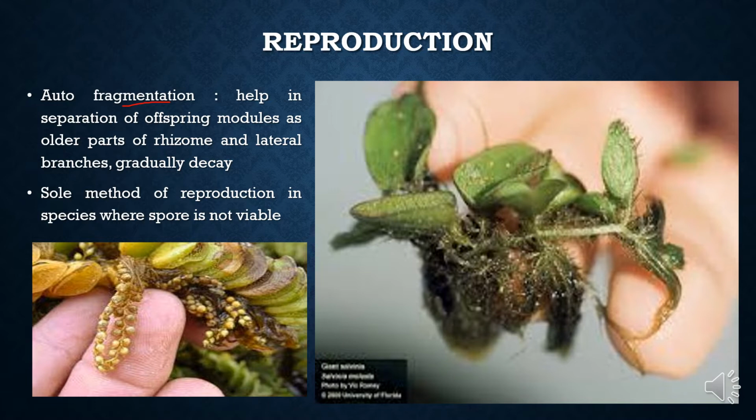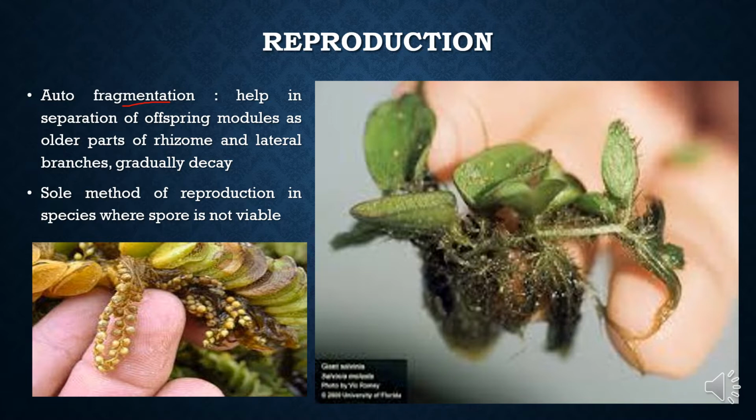In that case fragmentation is the only method of reproduction. In other species of Salvinia, fragmentation is a very quick method of regeneration, and apart from this, they also generate spores and reproduce.